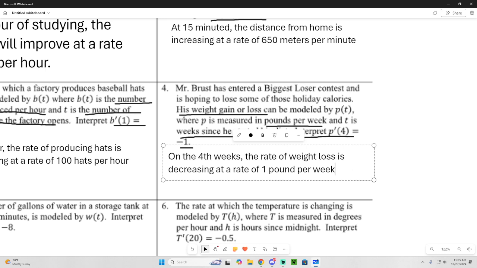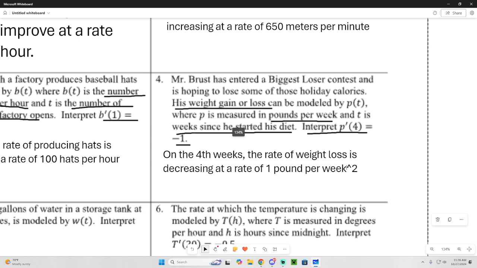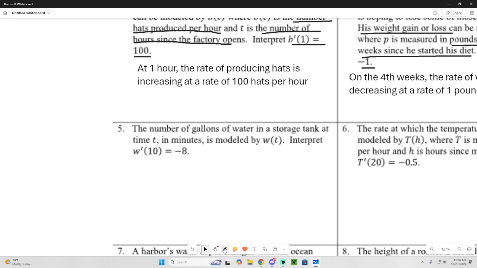So you can either write it per week or per week squared. But basically that's because P of T is a measure of rate. So we're trying to find the rate at which the rate is decreasing. So pounds per week squared. And that's our answer. Alright, that one was a pretty tricky one, but now we're getting back to some easier ones.